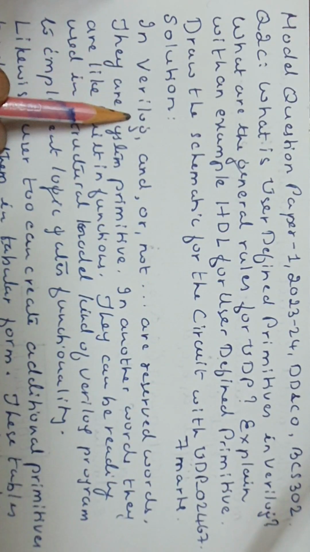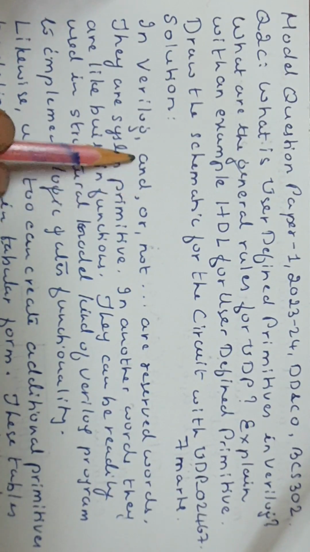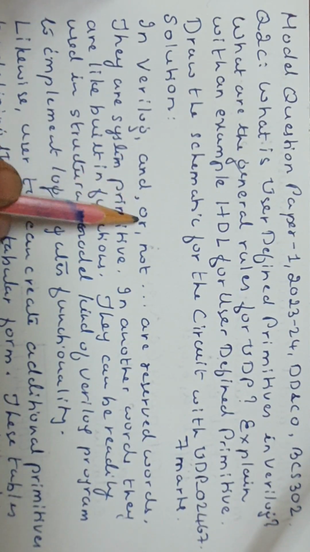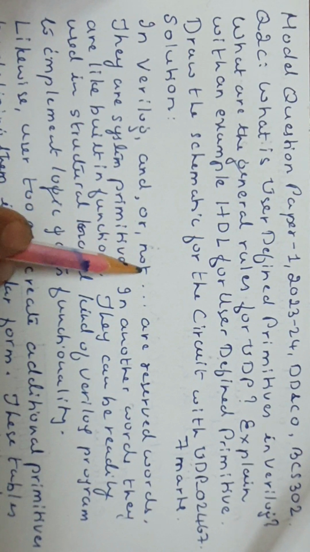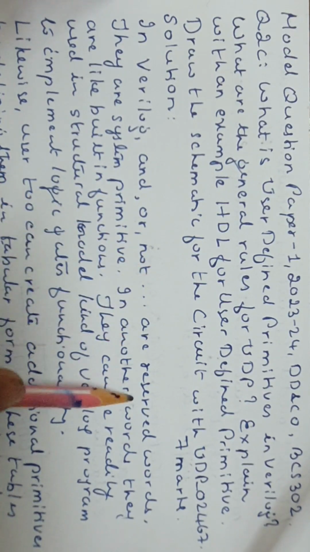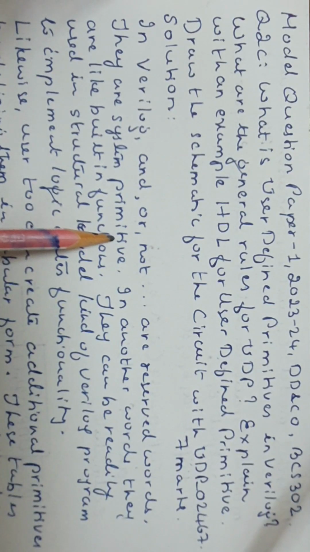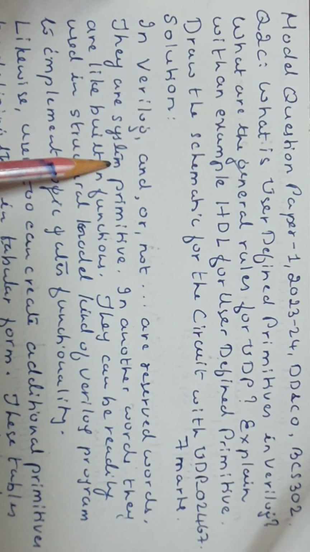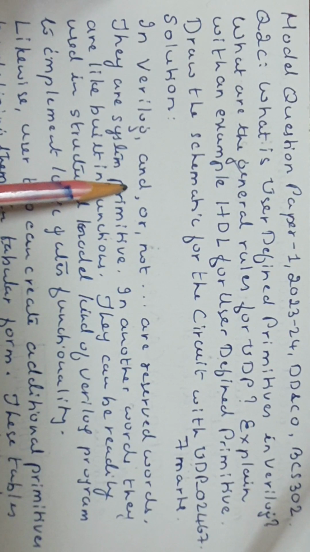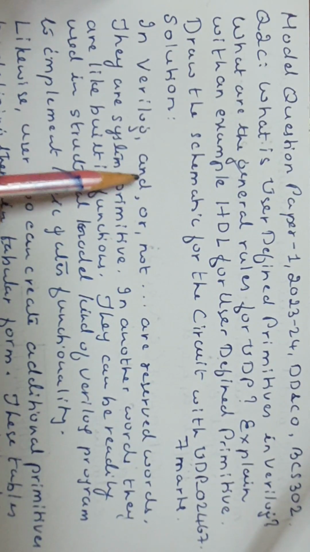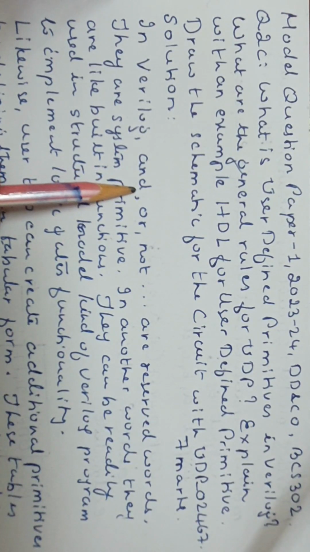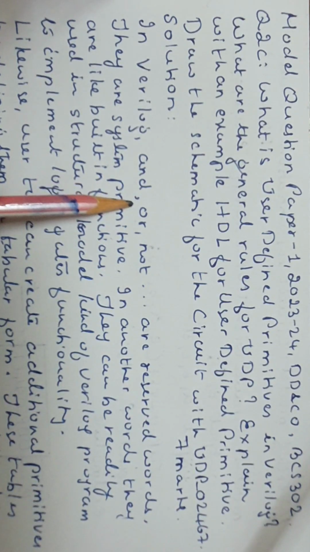Solution. In Verilog, and, or, not, in small letters, are reserved words. They are called system primitives, meaning they are provided by the Verilog system. Whenever we want to create an AND gate, we use and. In brackets we give the output literal, comma, input literals.